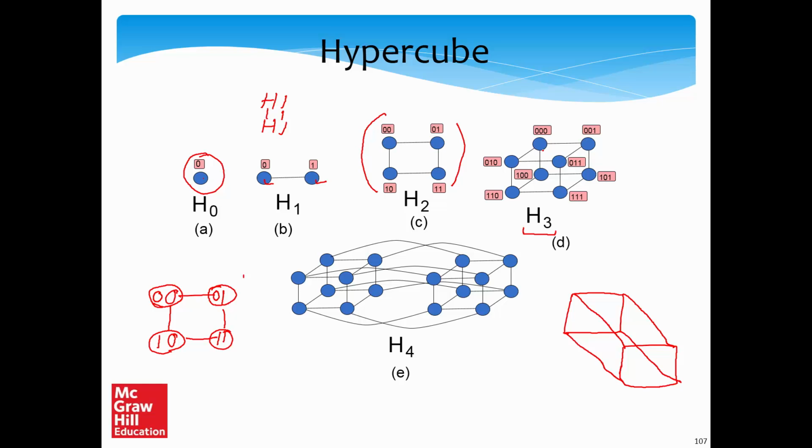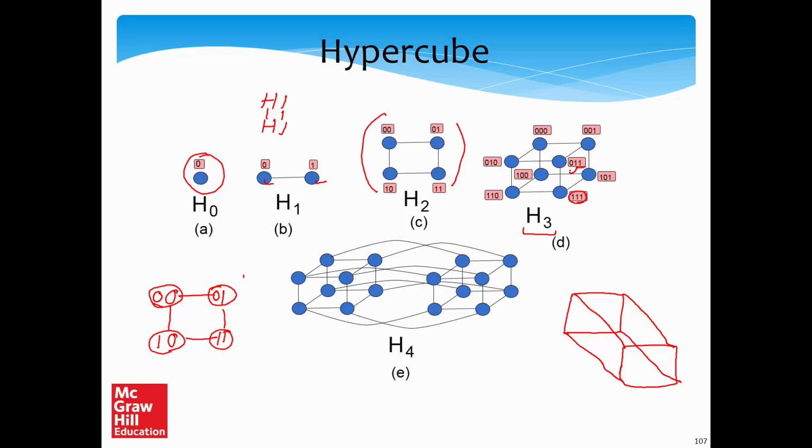So 0 0 of one has been connected to 0 0 of the other. In one case we have prefix 0, in the other case we have prefix 1. Similarly, 1 1 of one hypercube has been connected to 1 1 of the other hypercube. For example, this 1 1 was connected here.